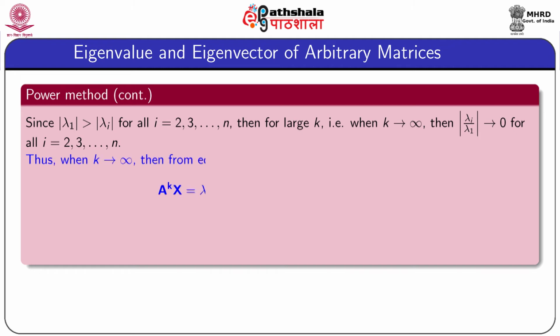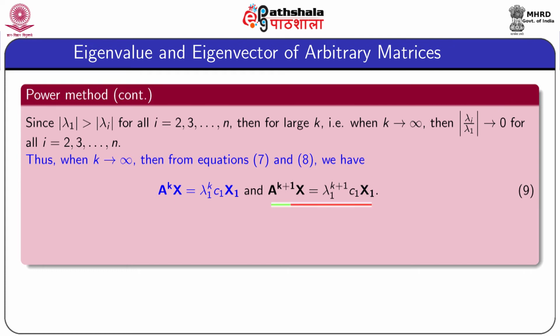That means the terms within the square bracket of equations 7 and 8 become A to the power k x equal to lambda 1 to the power k into c1 x1, and all other terms become 0. And from equation 8 we have A to the power k plus 1 into x equal to lambda 1 to the power k plus 1 into c1 x1, and all other terms of equation 8 are 0.